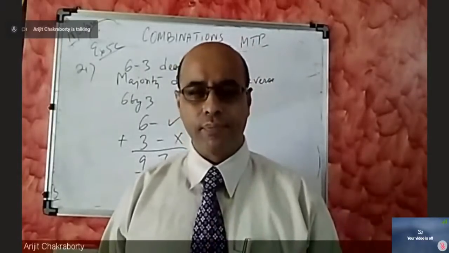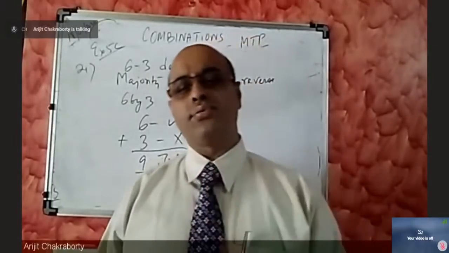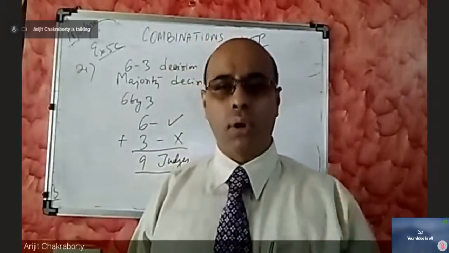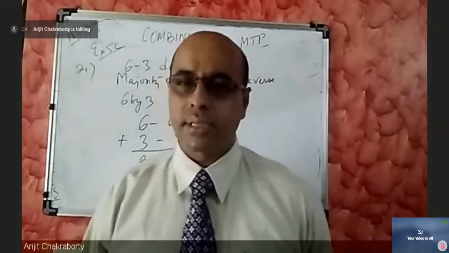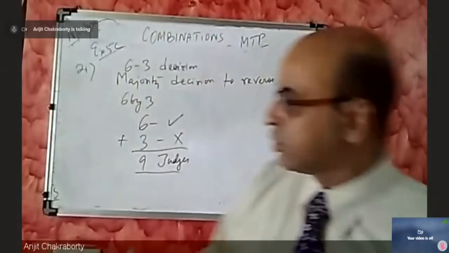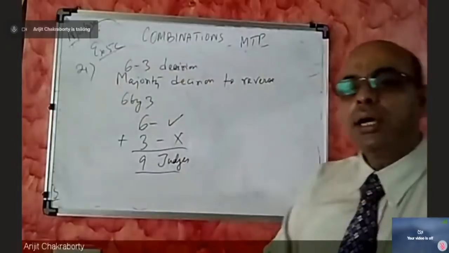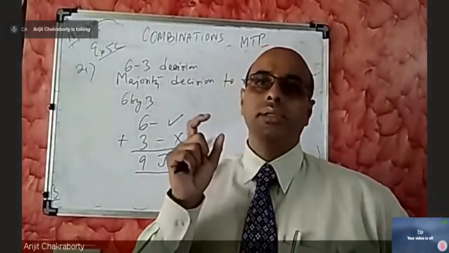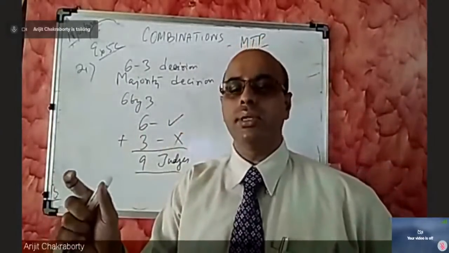So there's a majority. 55-45, yes, 55 people voting for, 45 against. It's a majority. 55 will win over 45. So here again majority. Let us see what can be the possible situations.